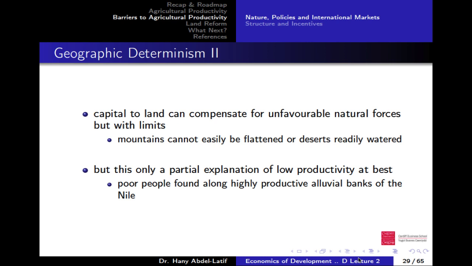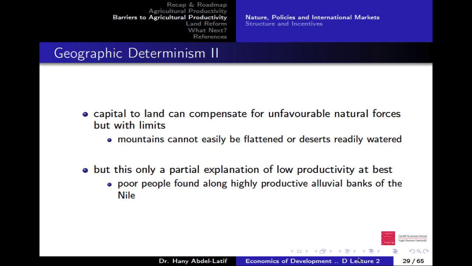So they live around the river, and the rest from both sides is just desert. We can't use this desert because there's no water. Even if you try, of course they try to build new cities, farm some areas, transfer water, but there are limits to how much you can do. Okay, so this is one thing, but again, this is not the whole story.